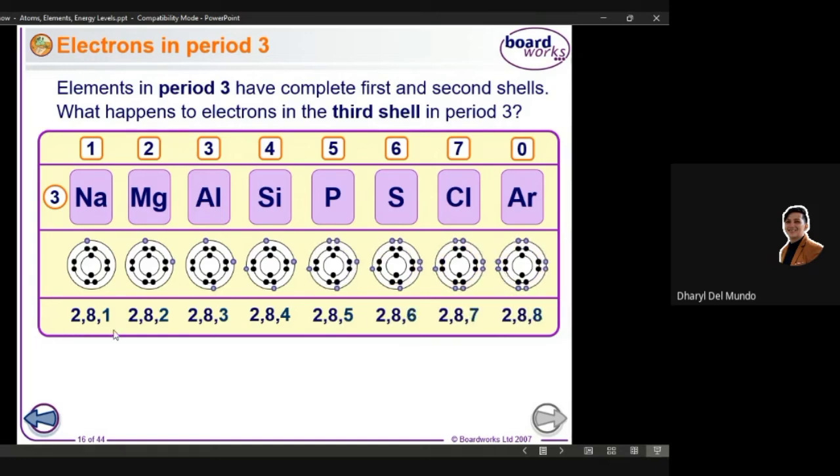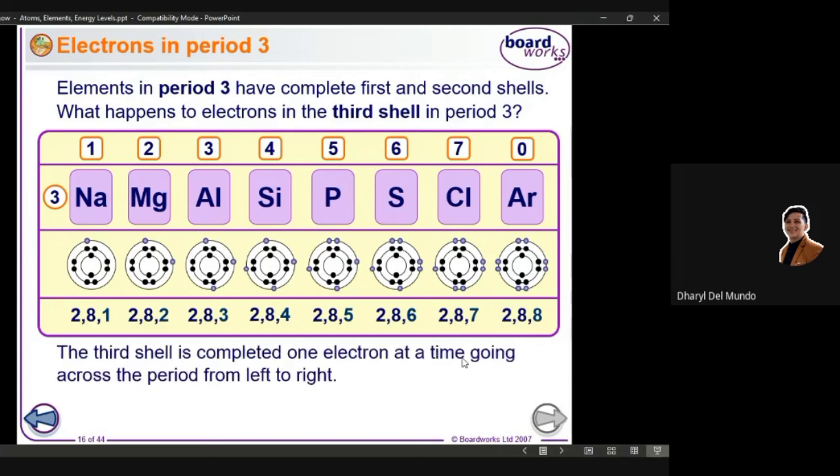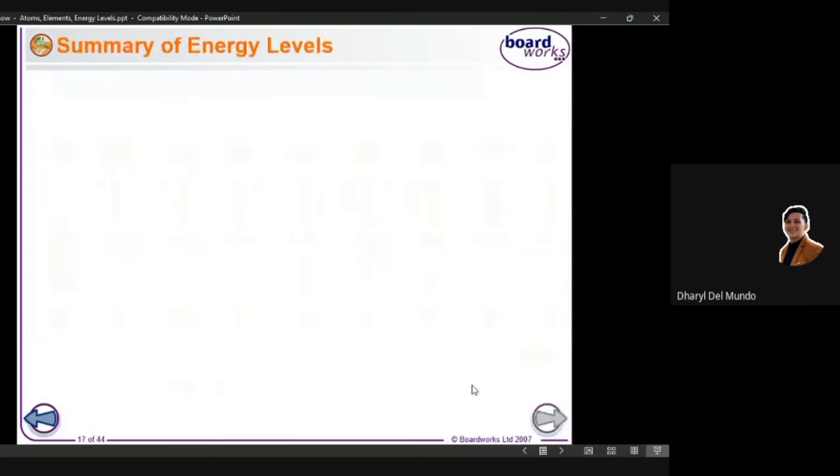We have 2-8-1, 2-8-2, 2-8-3, 2-8-4, 2-8-5, 2-8-6, 2-8-7, then 2-8-8. Again, argon is a noble gas, so that's why it has a complete third outer energy level. So the third shell is completed one electron at a time going across the period from left to right. What is special about argon is that it's completed. It's stable. All right? So that's why it's very important.